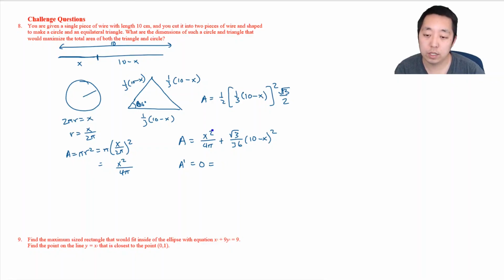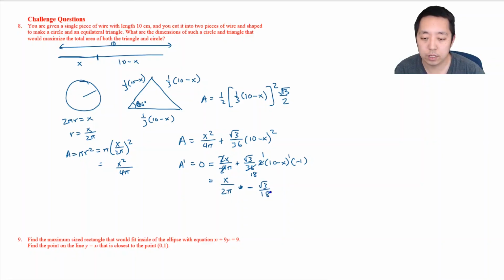So this is going to be 2x over 4 pi plus root 3 over 36 times the derivative of this, which is 2 times 10 minus x to the first power. That's the power rule. The inside isn't just x, so I'm going to multiply by -1. So that's x over 2 pi, the 2 cancels, plus this becomes 1 over 18, minus, because it's negative, root 3 over 18 times 10 minus x.